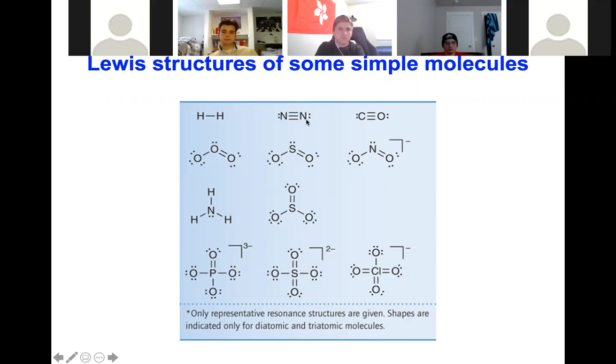Since each nitrogen only uses 3 electrons to form 3 bonding pairs, each nitrogen has 1 non-bonding pair left, so you draw a pair of dots on the side of each nitrogen. So that's the Lewis structure for the dinitrogen compound.